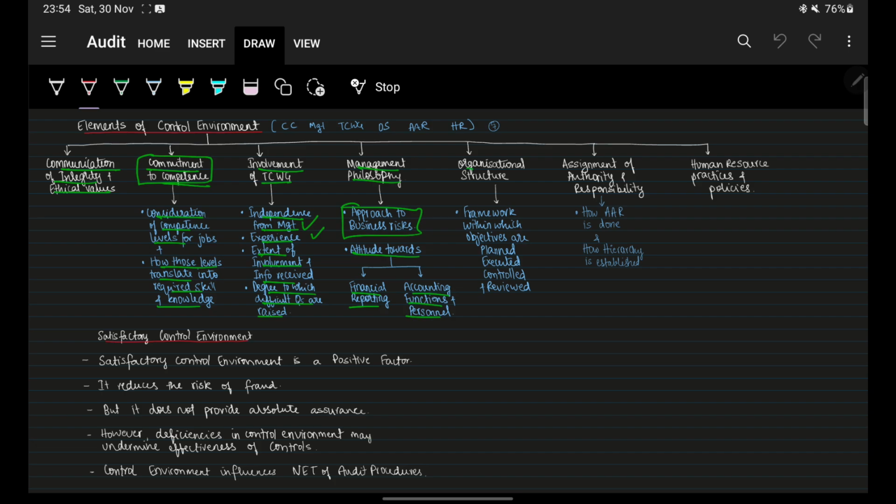Next comes the organizational structure. The framework within which the objectives are planned, executed, controlled and reviewed. There's not much to be explained here. If this kind of question is asked, try to remember these sub points.